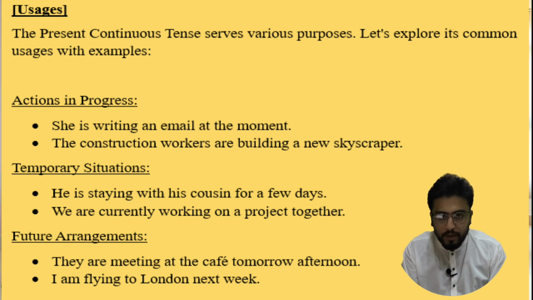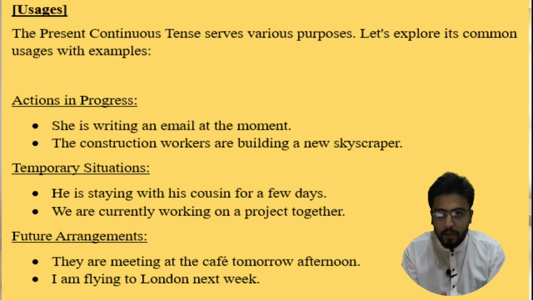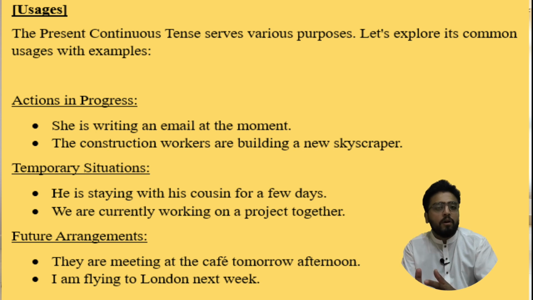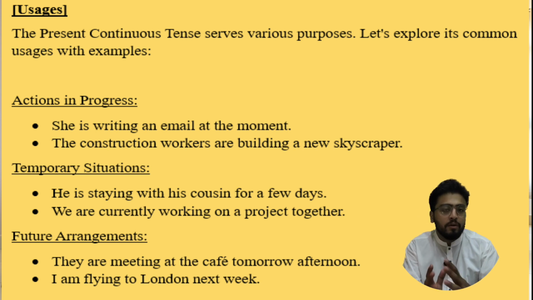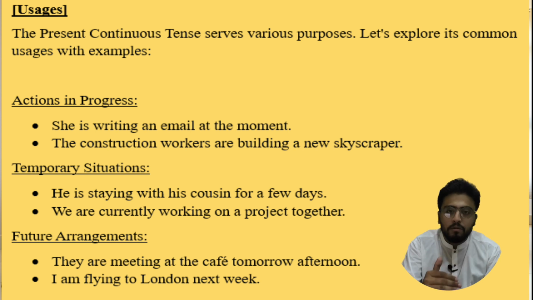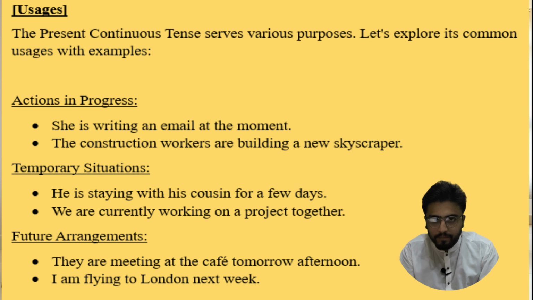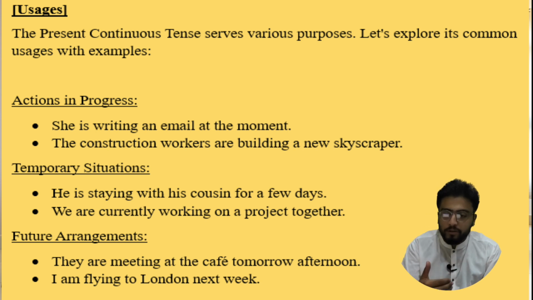Dear viewers, if we categorize the usages of present progressive or continuous tense, the very important and common use of present continuous tense is that it is used to describe the actions that are in progress. Actions in progress.